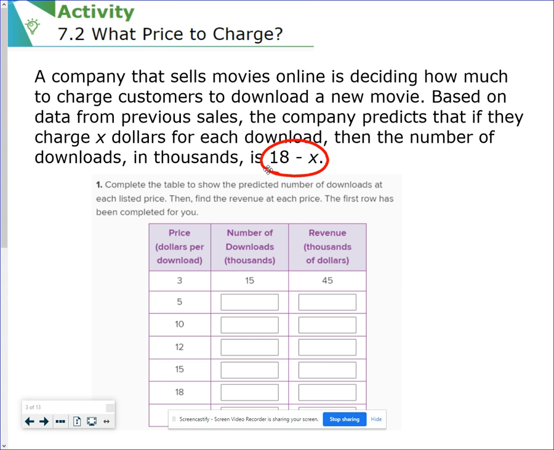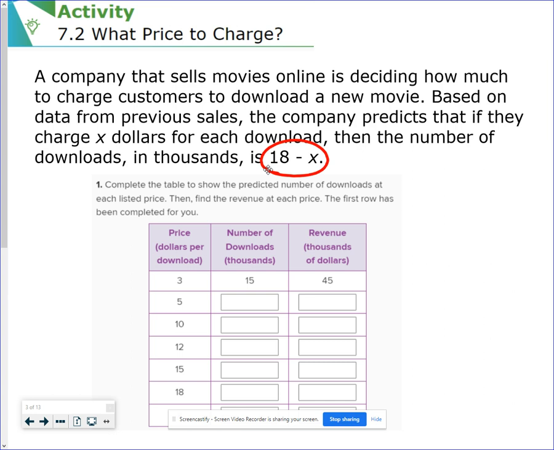If you charge very little and you get a lot of sales, that's great. But if you're not charging very much, you're not going to make a ton of money. If you charge too much, fewer people are going to buy them. So you might be making more money per movie, but if you don't have as many sales, then that's an issue. So that's where we get this quadratic kind of a function that comes with this.